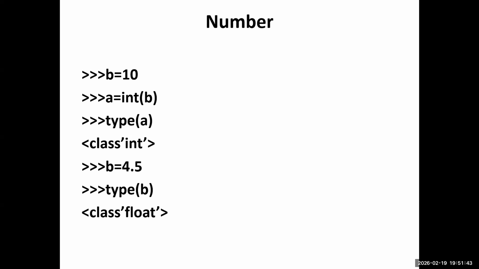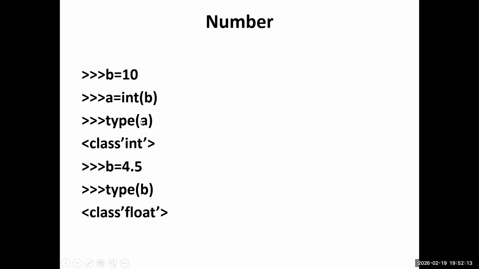Here the integer value will be assigned into b, and then b will be assigned into a. After that, if you want to find out the type of a, then type of a gives class int. This is the output of the type function.